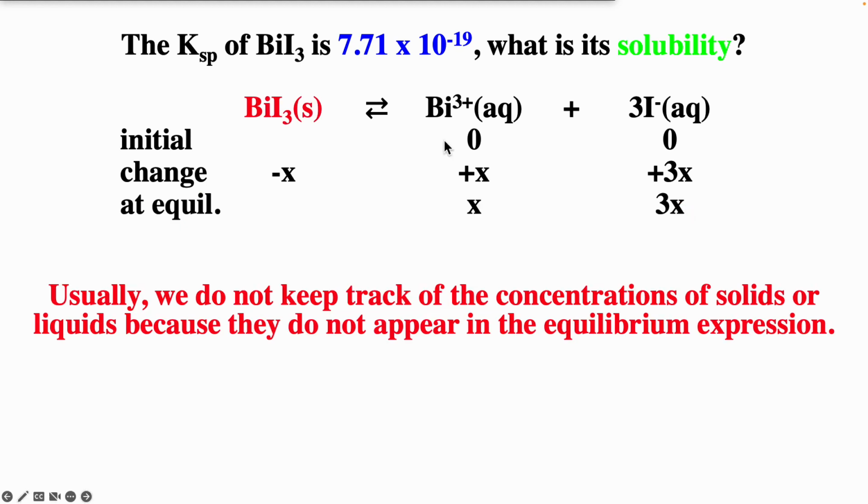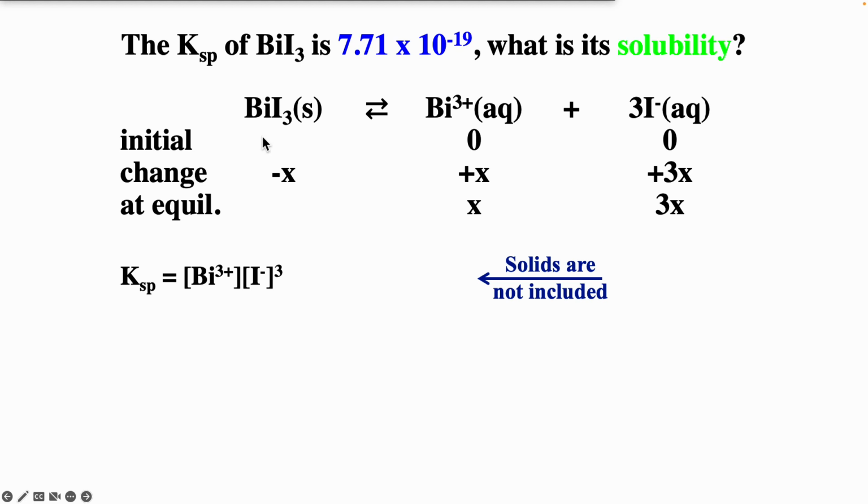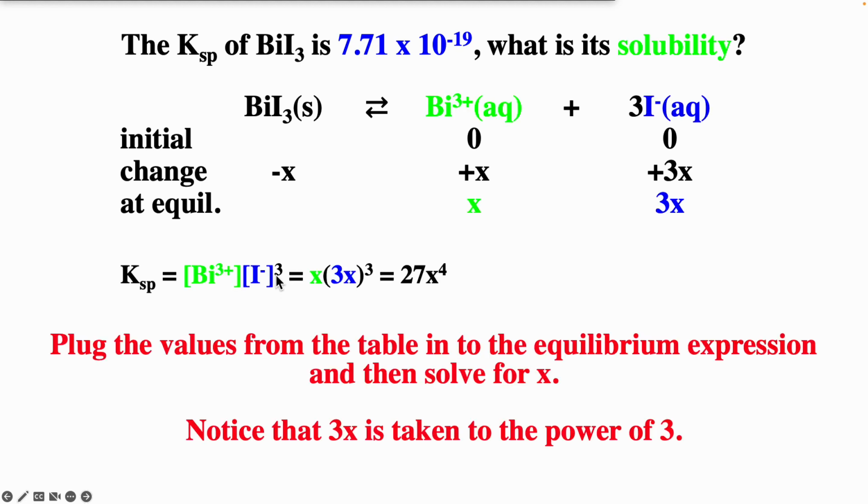Usually we don't worry about keeping track of the solid because, remember, solids are not present in equilibrium expressions. And so we can write down an equilibrium expression for this reaction. Products over reactants. Pure solids and pure liquids are not listed. And coefficients become exponents. Now what we can do is plug in what we had at equilibrium.